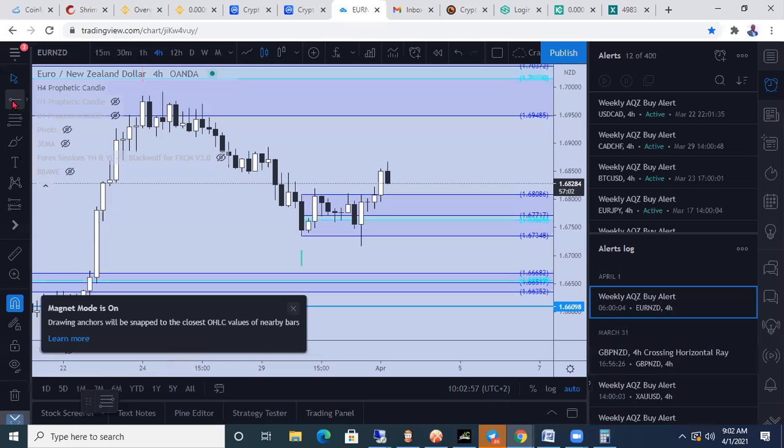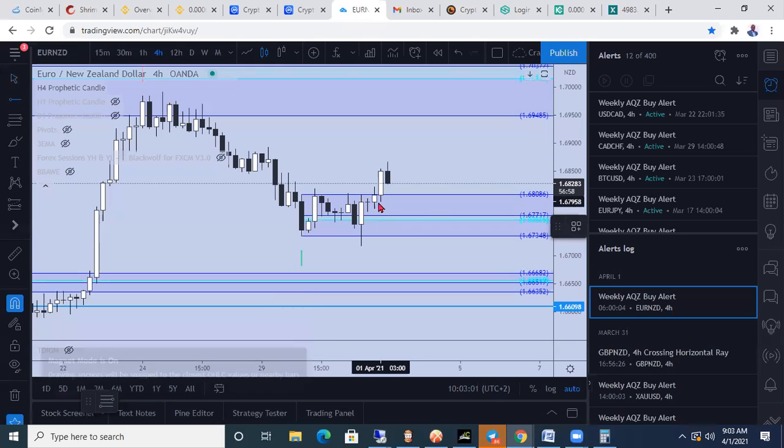Once I have that, I'm going to add a line to my chart. I'm going to put something towards the mean threshold. All right, the magnet is mean threshold. And now I'm going to set an alert on this horizontal ray.